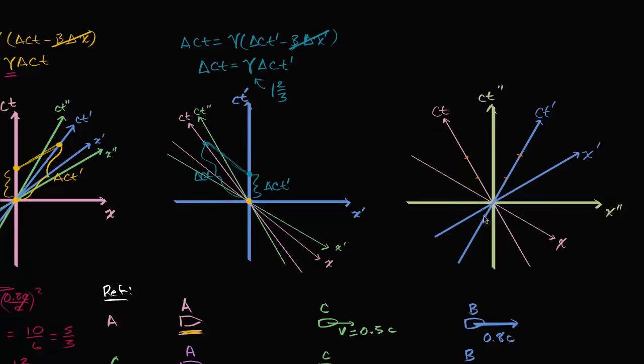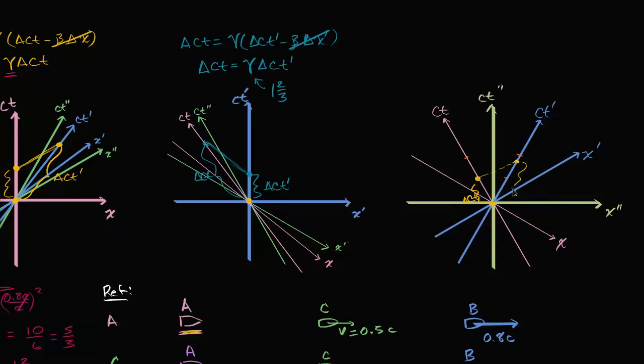And now if you look at these two events, so if you look at this first event where you have our delta CT, between right when the spaceships pass and right over there, you see that if you were to look at the CT prime coordinate for that event, you go parallel to the x prime axis, you get right over there.